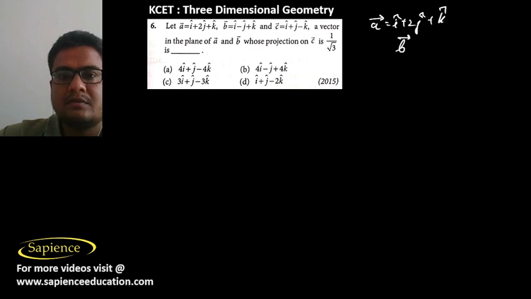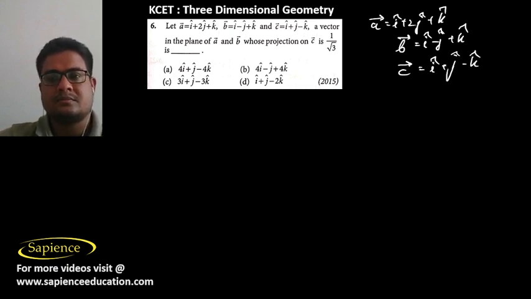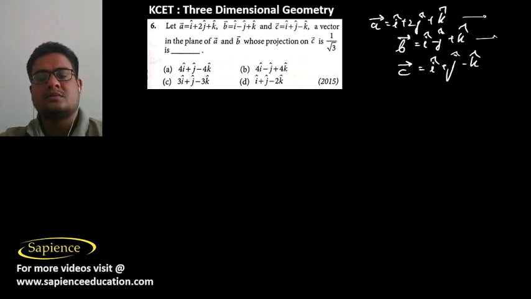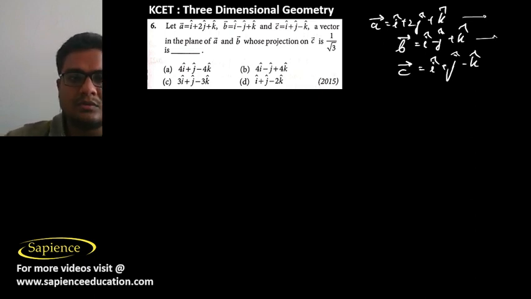Then question number 6. It has been told that vector A is i cap plus 2 j cap plus k cap, vector B is i cap minus j cap plus k cap, vector C is i cap plus j cap minus k cap.